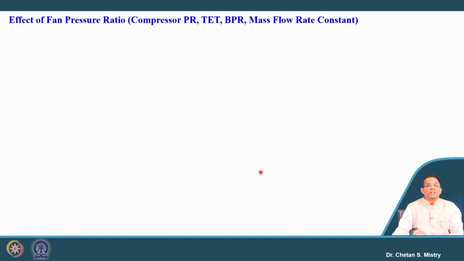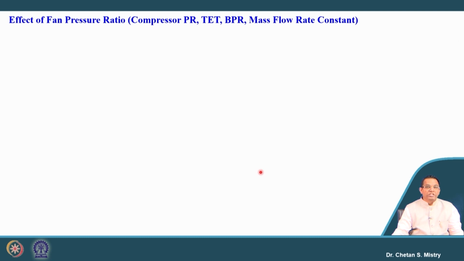Suppose we consider the effect of fan pressure ratio, keeping the compressor pressure ratios, that means HP compressor and LP compressor pressure ratio, turbine entry temperature, bypass ratio and mass flow rate constant. We will be changing only the fan pressure ratio.